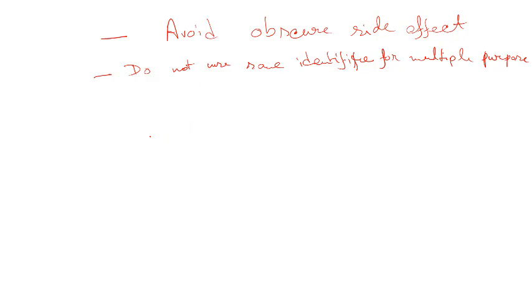So there are many loops. For example, a for loop, and after completing this for loop, there is another while loop, and after completing this while loop, you should return a value. You are using i here, and the same i may be used here and here. Do not do this. You should create different identifiers for different purposes.